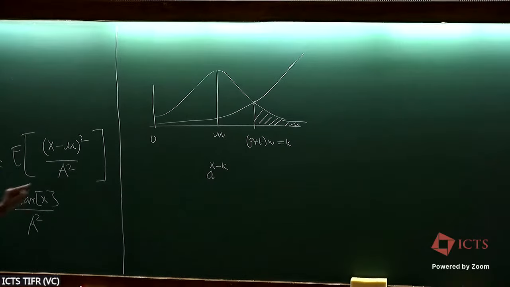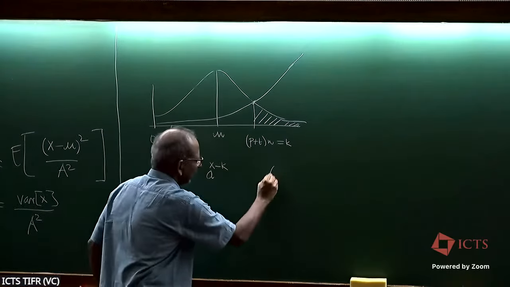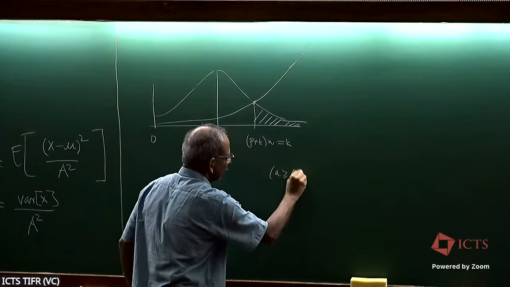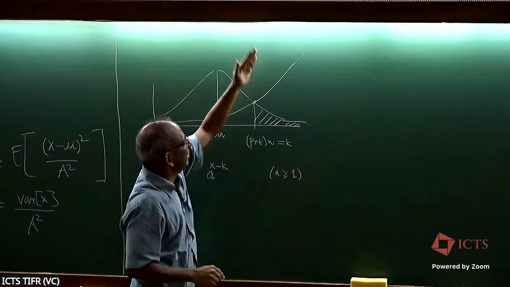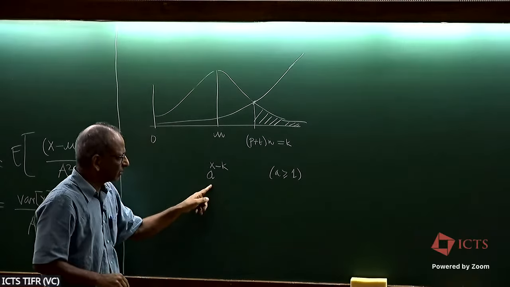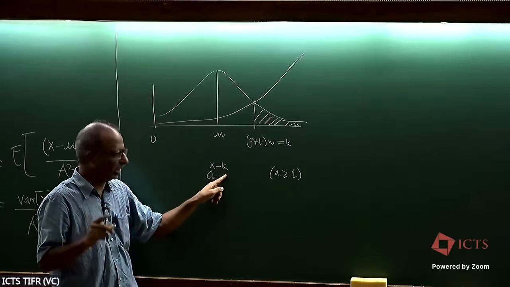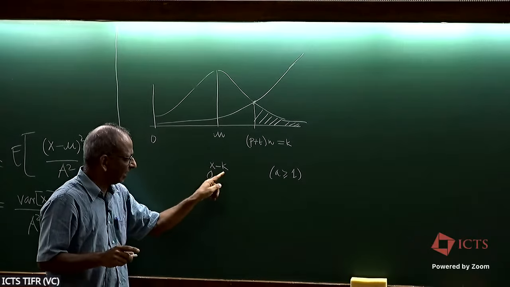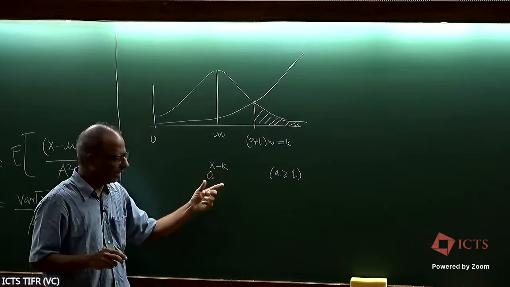So I choose a value a greater than or equal to 1, depending on how steeply I want this exponential function to rise. And I define a to the power x minus k. Now, let us just check. If x is greater than or equal to k, what can I say about this?